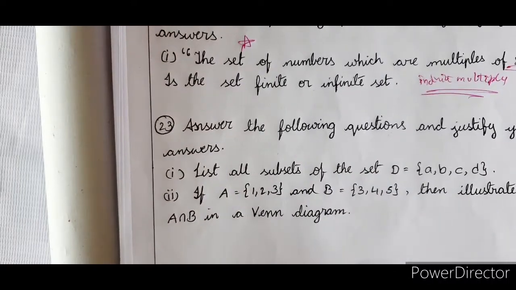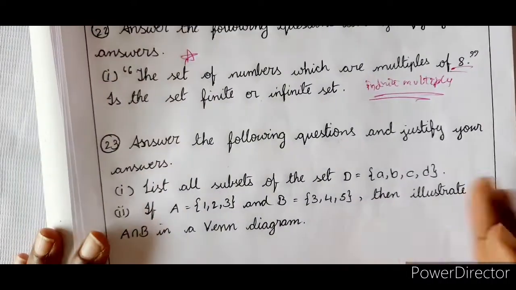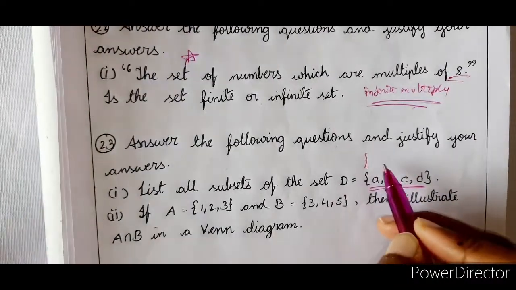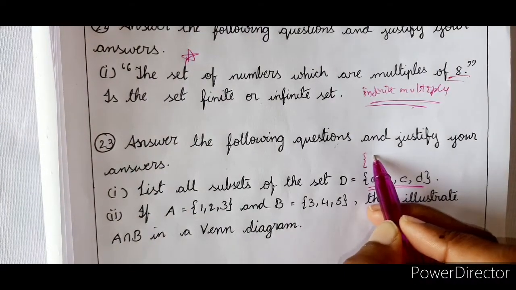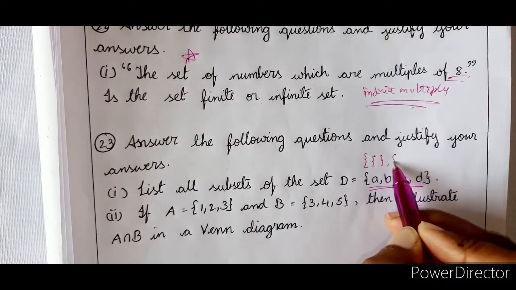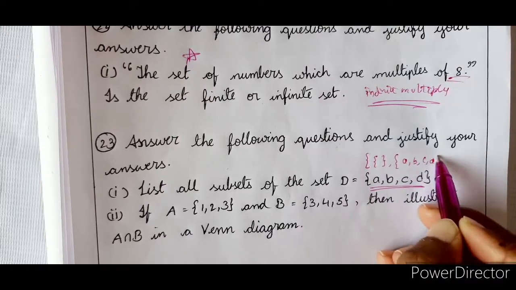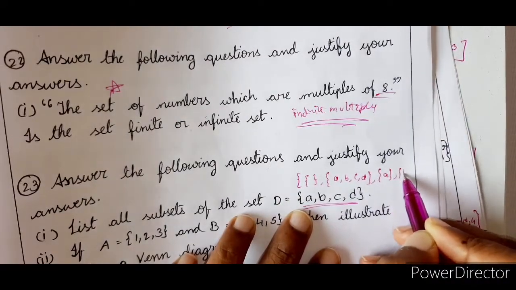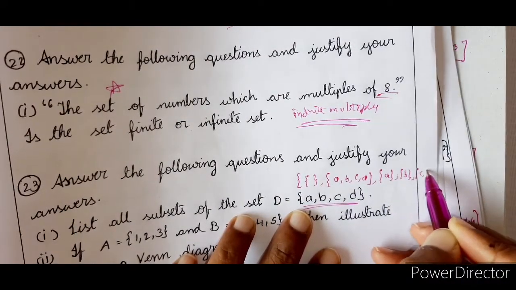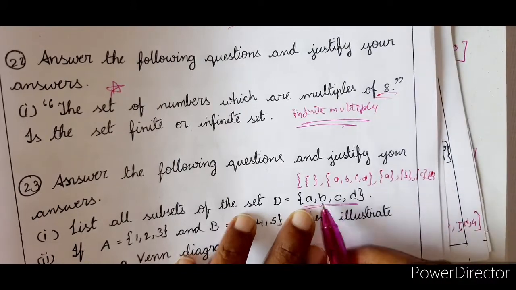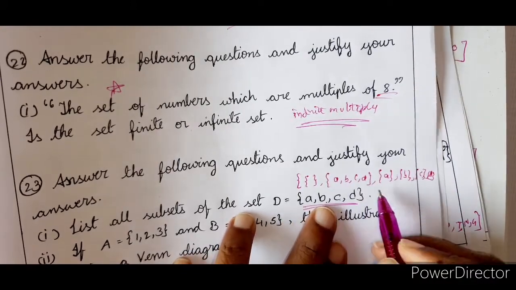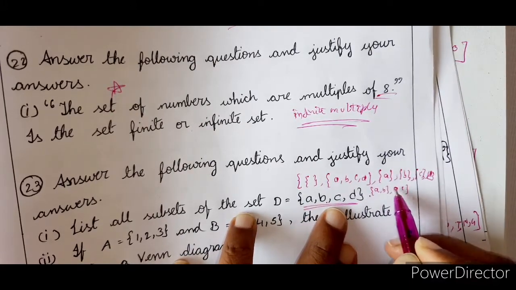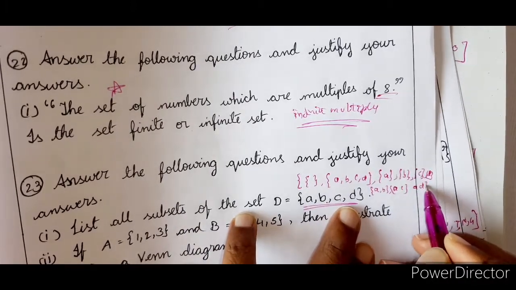Answer the following questions and justify your answers. List all subsets of set D. Subsets means a set of sets. First you have to write the empty set, the set itself. Then singleton sets A, B, C, D. Now AB, AC, AD.